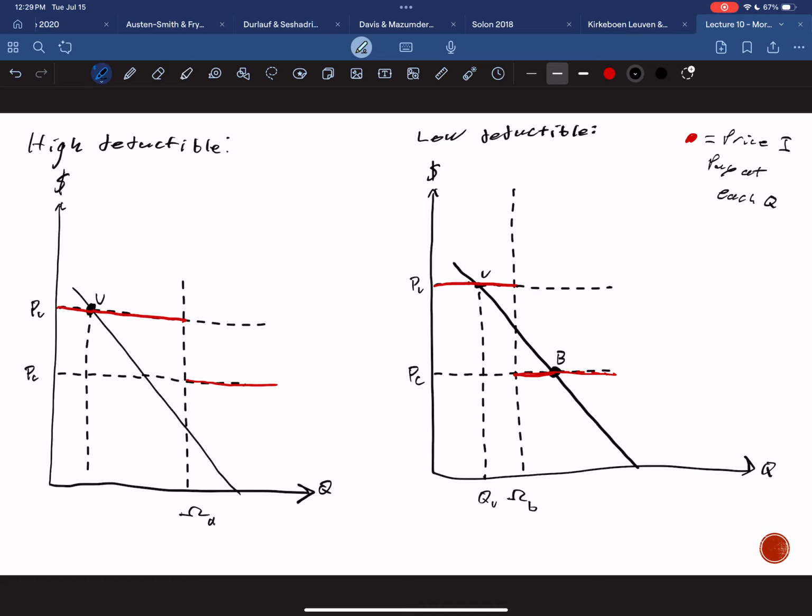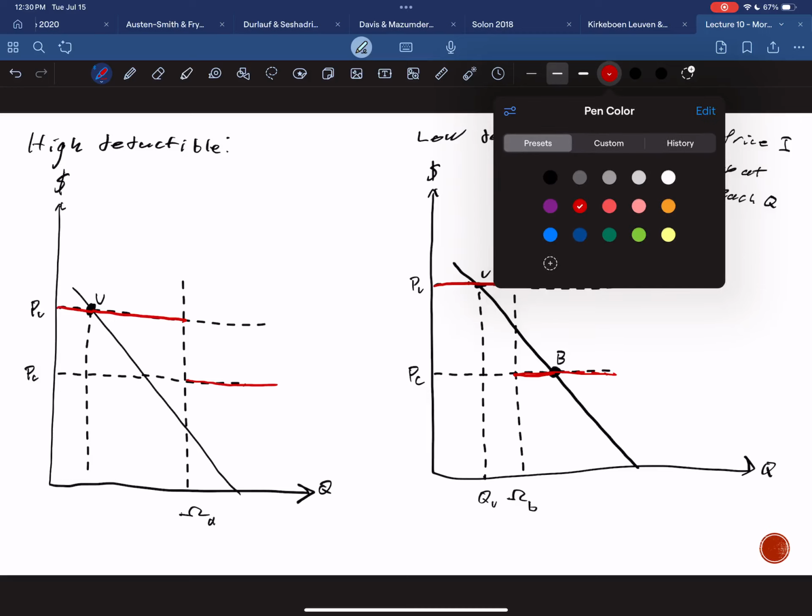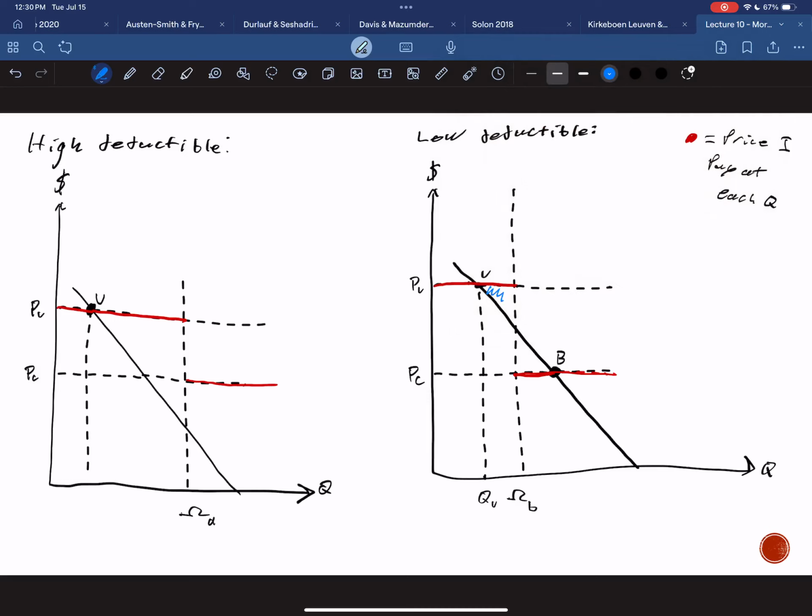And in practice, you just need to see which is going to generate more surplus for the consumer. So there's going to be negative consumer surplus here, and there's going to be positive consumer surplus here.